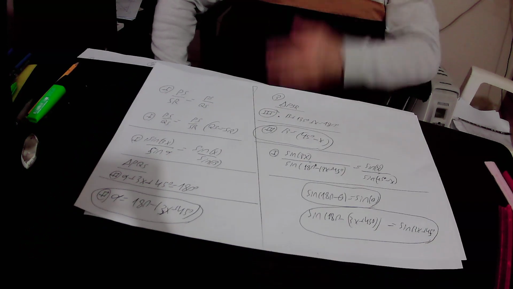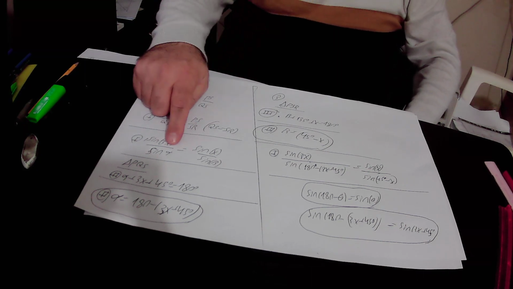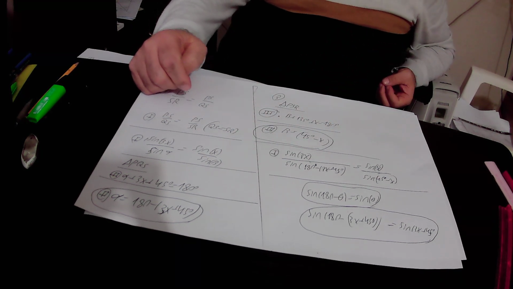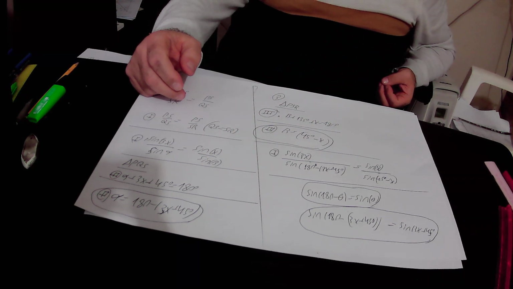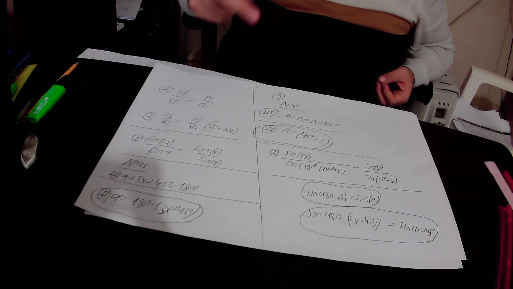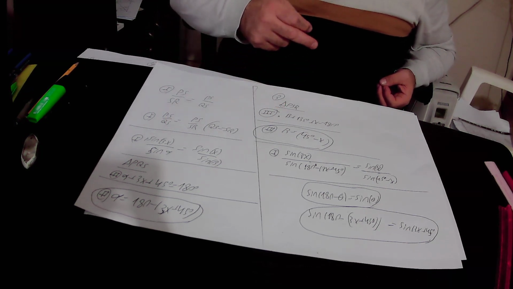So after we found the values of angles alpha and beta in terms of x, we can substitute sine alpha and sine beta in equation number 1 by the values that we found in equation number 2 and equation number 3.